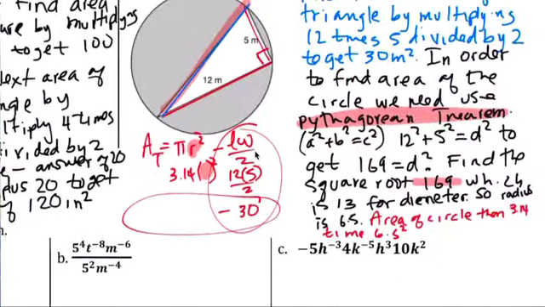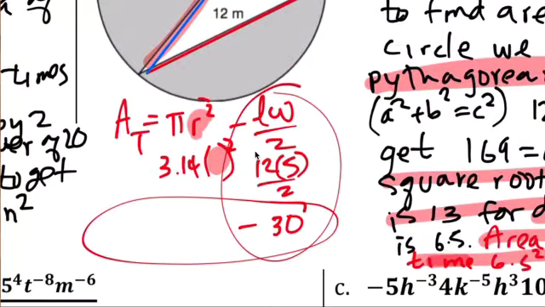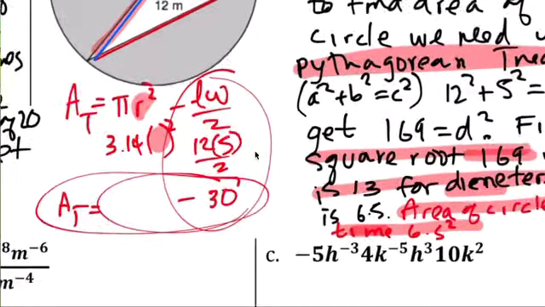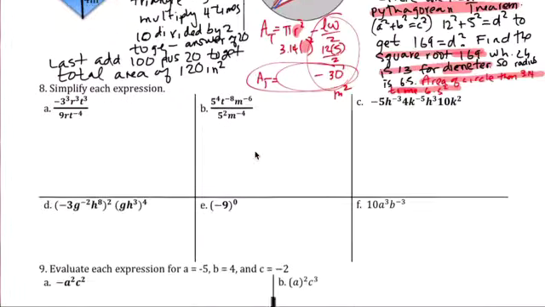Find the square root, and then find the area. In the end, you need to explain that you have to subtract to find the total area. Subtract them to get your answer. And do not forget to put meters squared for area.